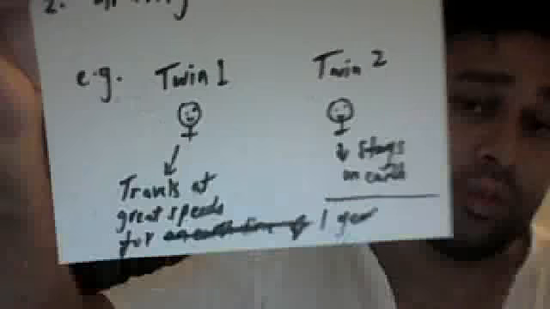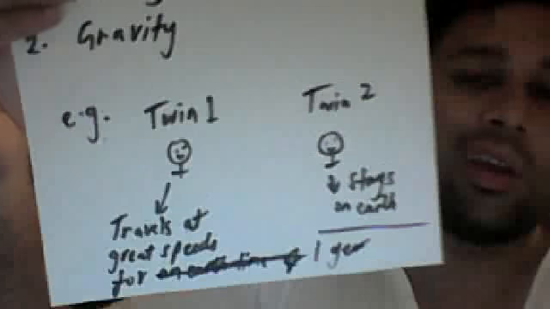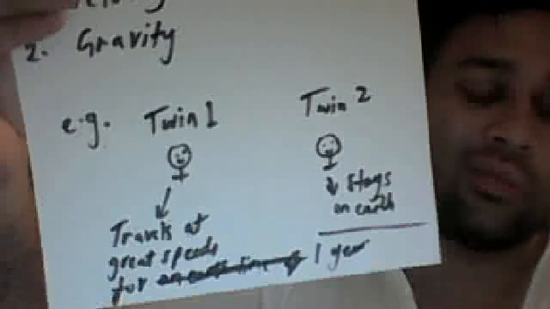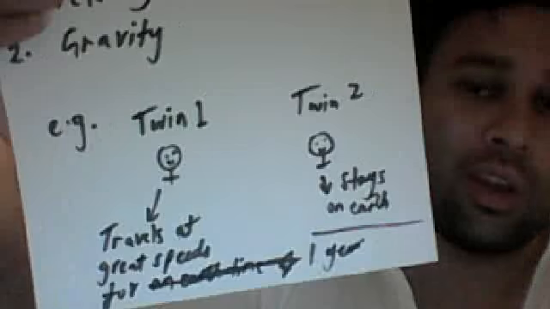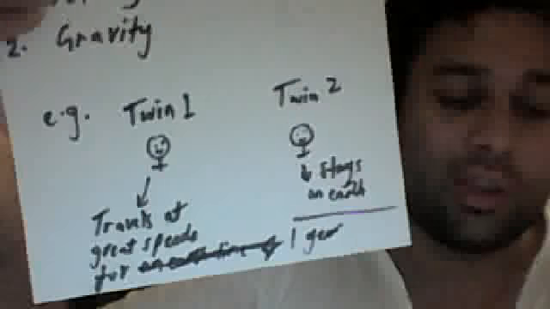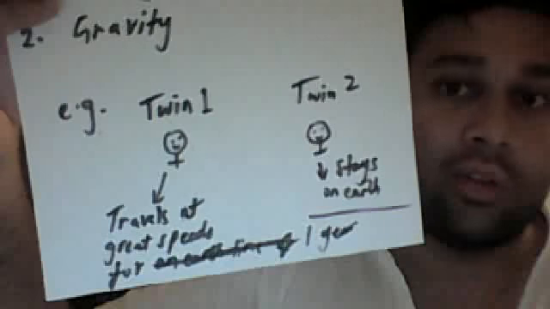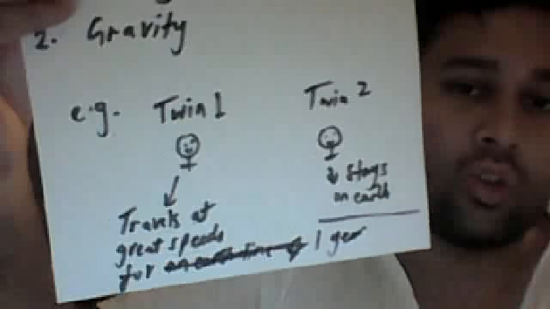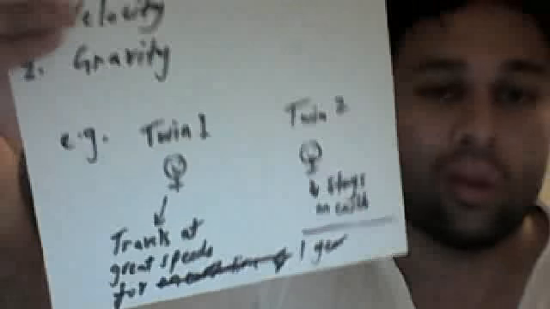Here's a really famous example called the twin paradox. In this hypothetical we have two identical twins. One twin stays on Earth. One twin flies off into space, traveling at very, very high speeds. The twin in the spaceship has a clock, and the twin back on Earth also has a clock.